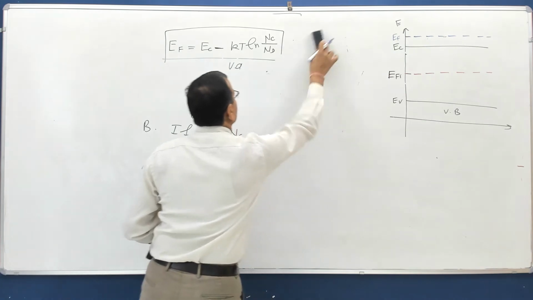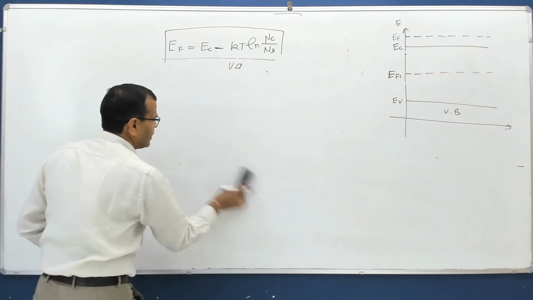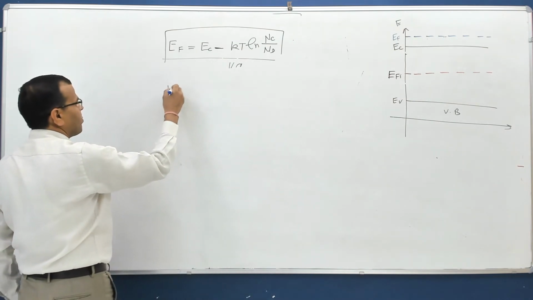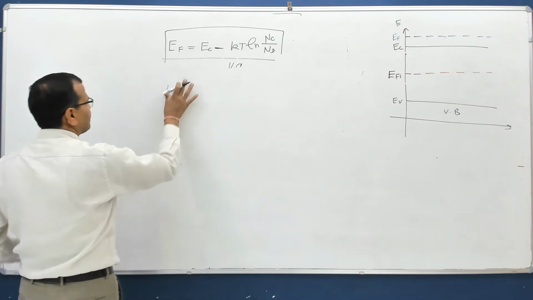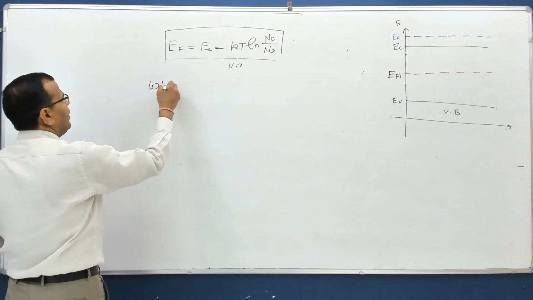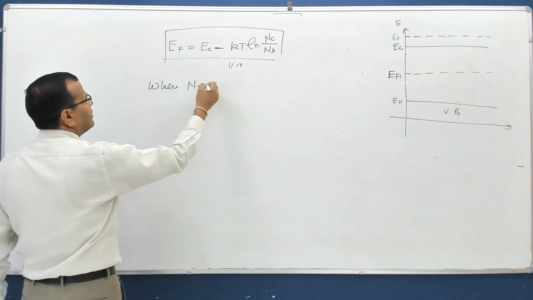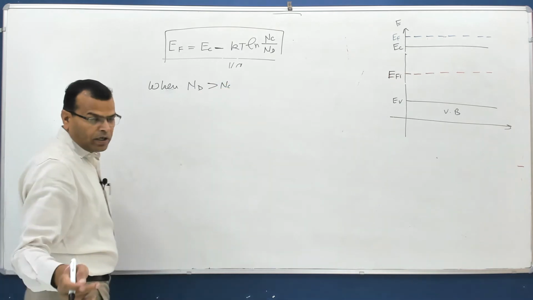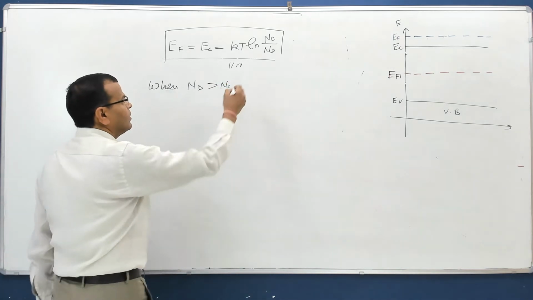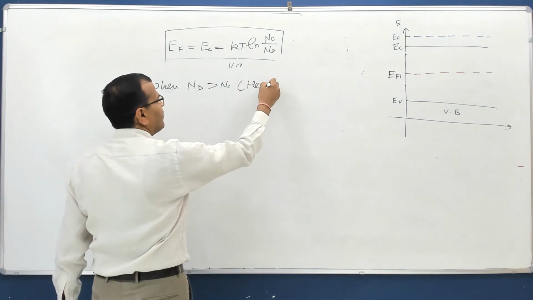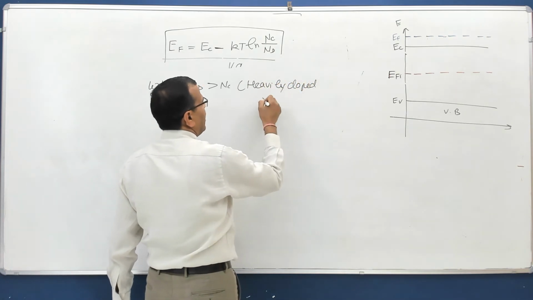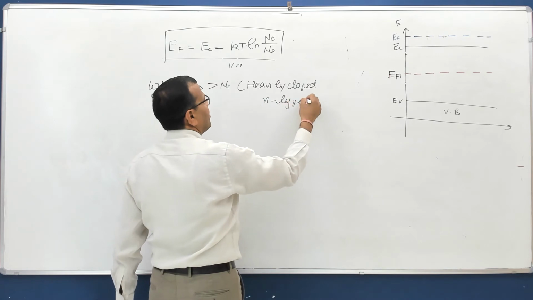That is a very important point. I'll repeat, when ND is greater than NC, the donor concentration is high. This is called a heavily doped N-type semiconductor.